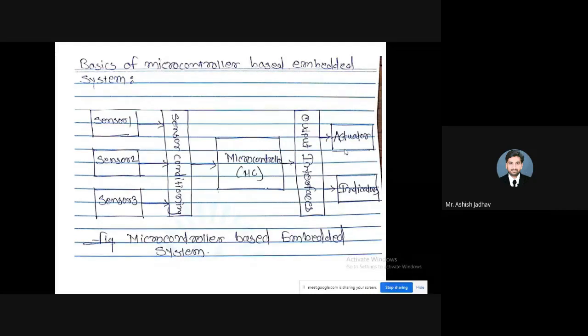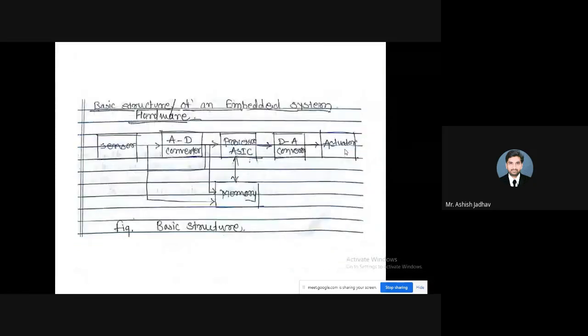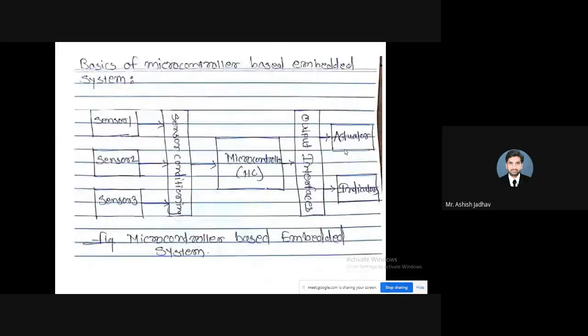This is very much similar to the previous block diagram, but here I'm using multiple sensors. So a microcontroller based embedded system can do multiple measurements, and based on that it can do certain tasks.